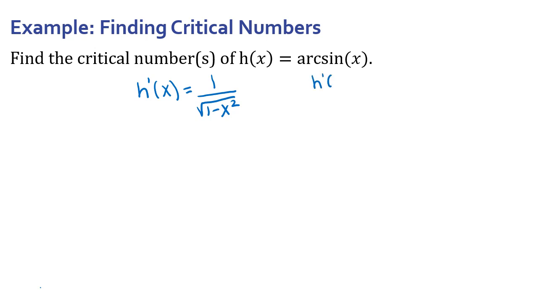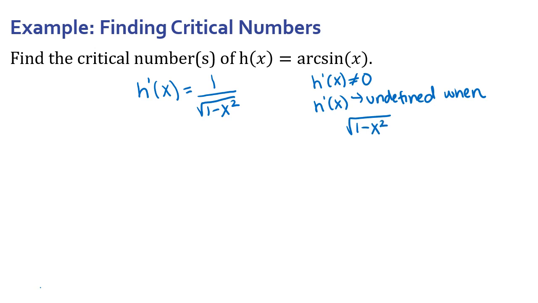So we know that h prime of x is never going to equal 0, but it is going to be undefined when the square root of 1 minus x squared equals 0, again because we can't divide by 0. So to solve for x, the first thing that we do is square both sides.